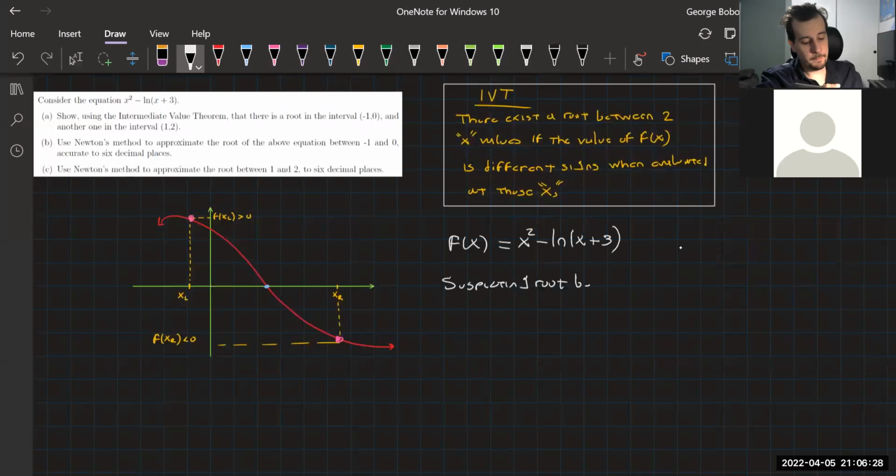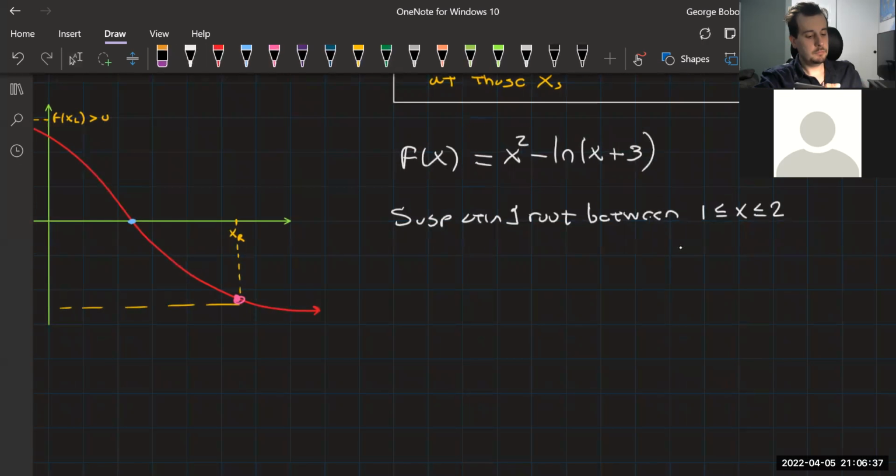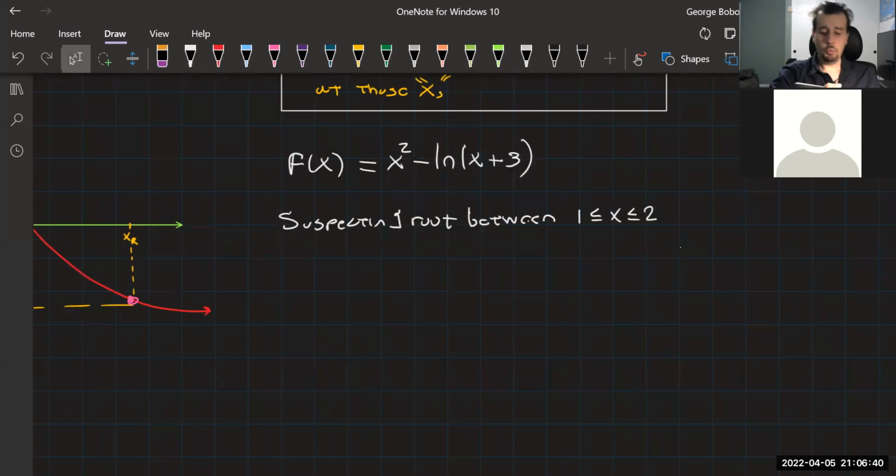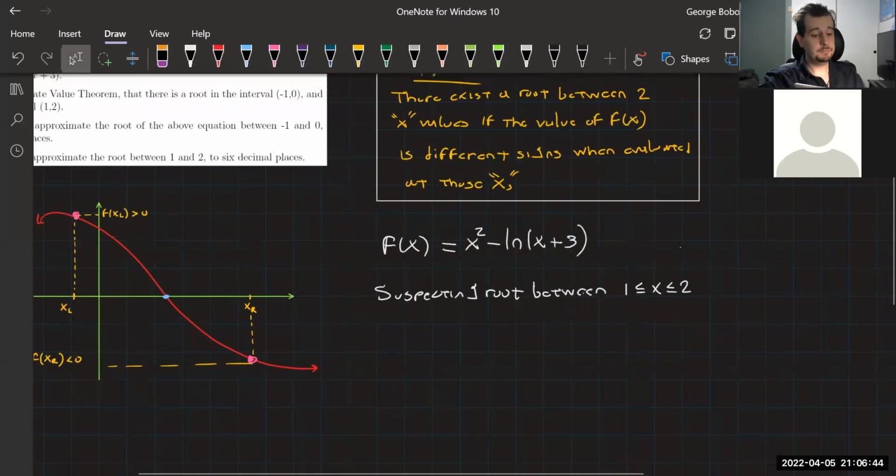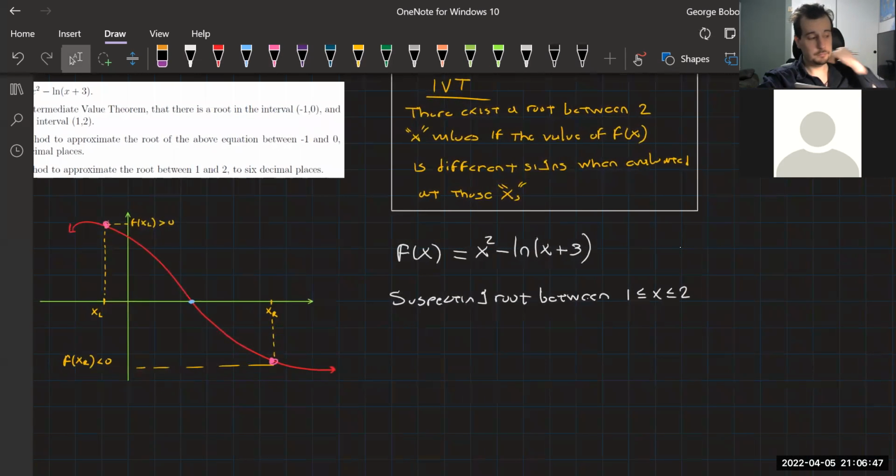Between 1 and 2. Okay. So what do you think I'm going to do here to show that there is one? What is the goal?